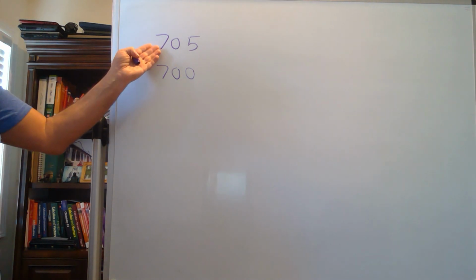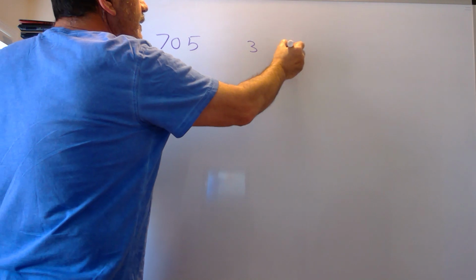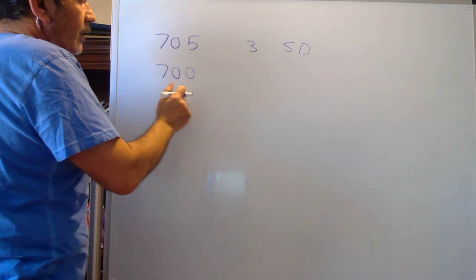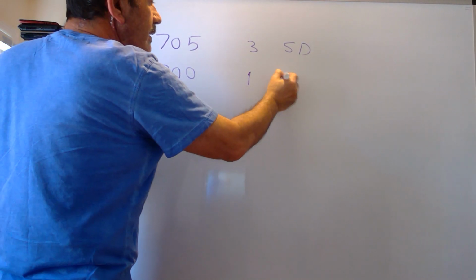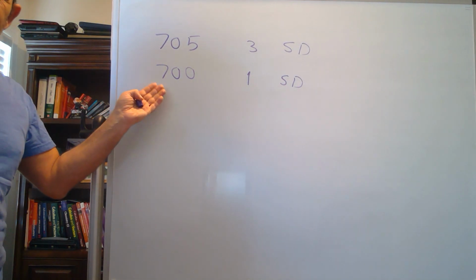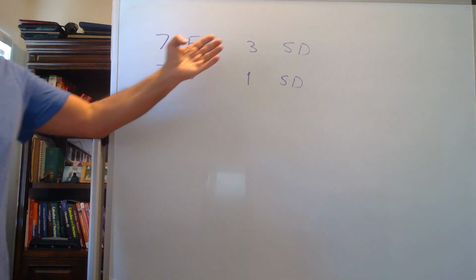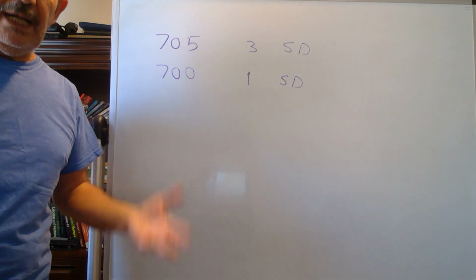How many significant digits? The top number has 3 significant digits. What about the bottom number? The bottom number has only 1 significant digit. So the top number is more accurate than the bottom number. The numbers with more significant digits are more accurate.